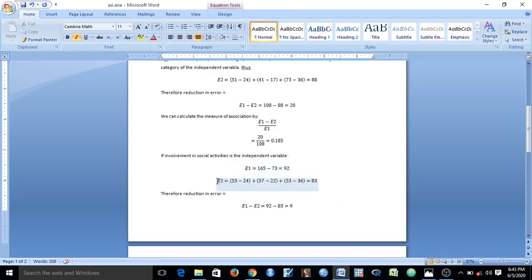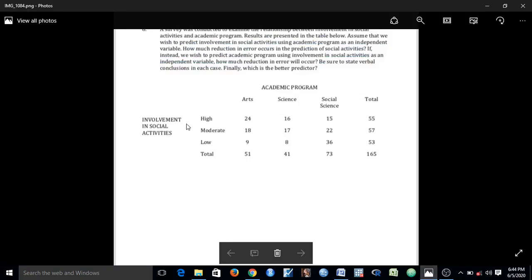Then we find our E2, which is the error when the independent variable is in the model. So it will be the total here minus the mode. The mode is 24, so we have 55 minus 24, plus the total here minus the mode.